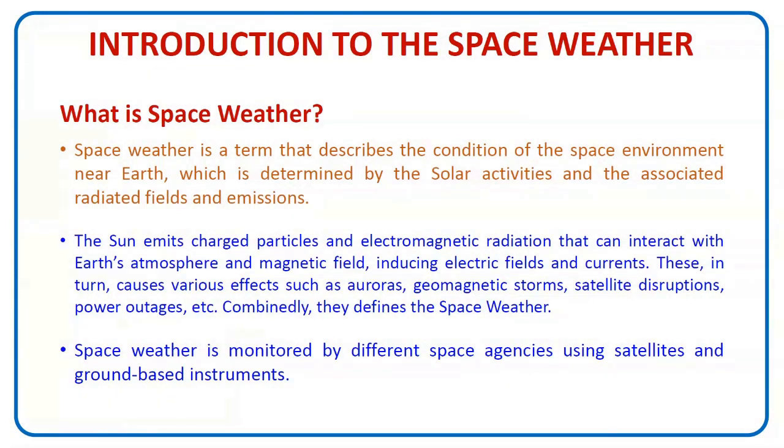The things which are coming from the sun are charged particles. There are different types of charged particles which are radiated and emitted by the sun, and which are received at the Earth at different levels. And also there are magnetic fields.